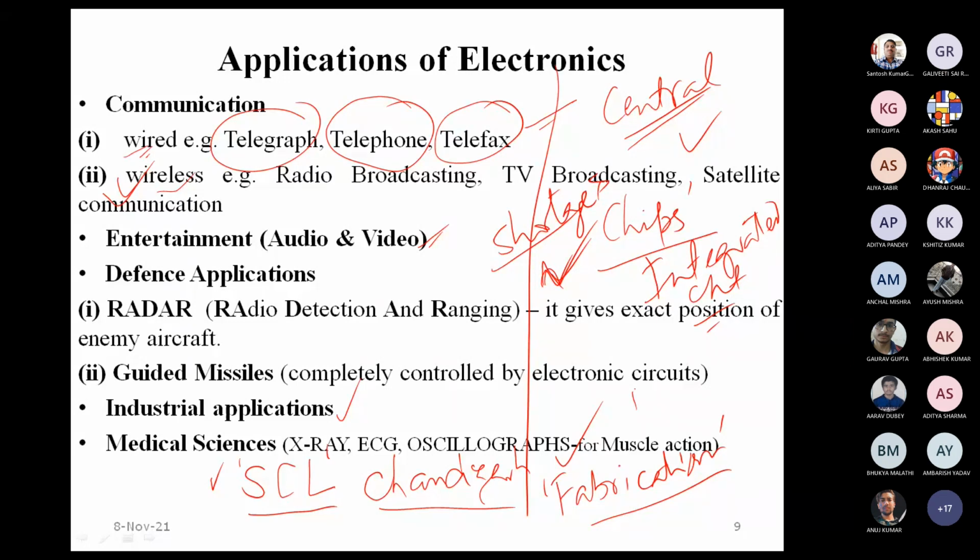That's why there has been a shortage of these integrated circuits or chips. So in India, very soon we will see some more fabrication houses, and that will open more jobs for the electronics people.